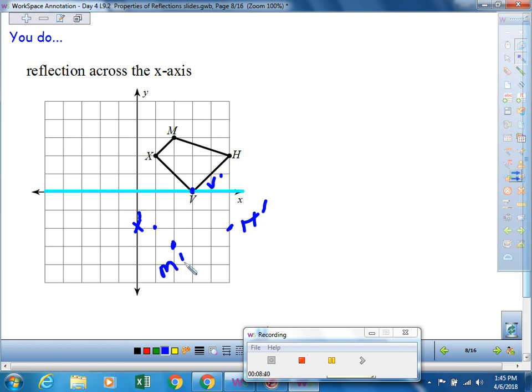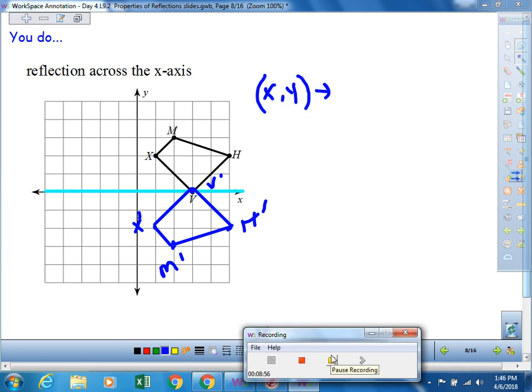M prime. Becomes x, comma, negative y. Correct. All right. Next.